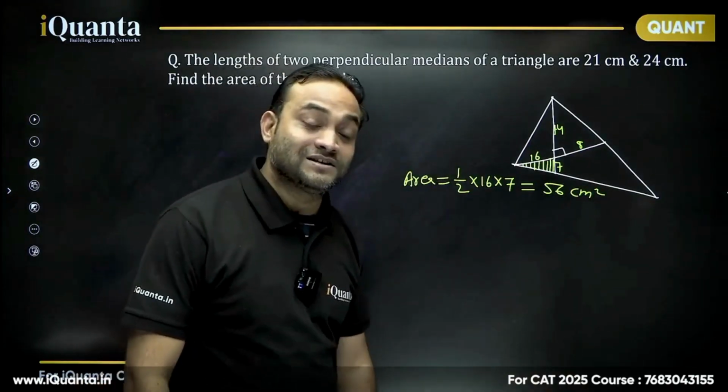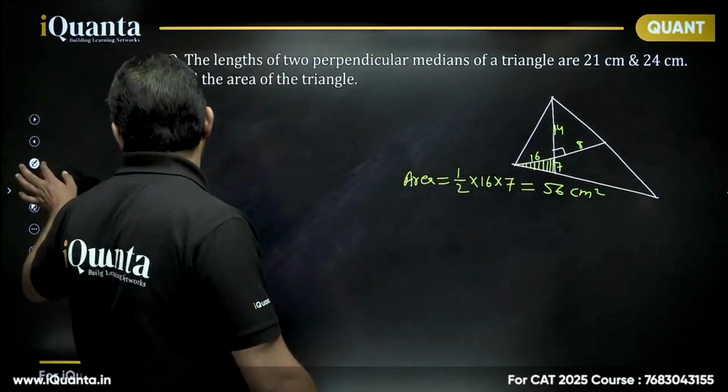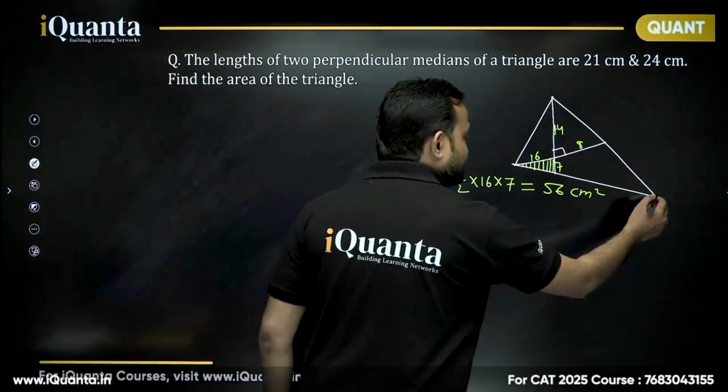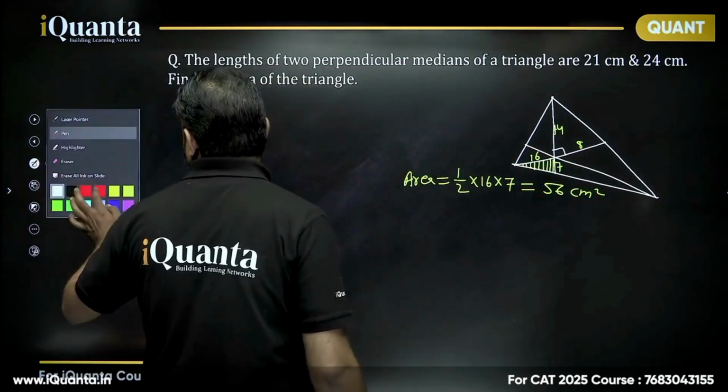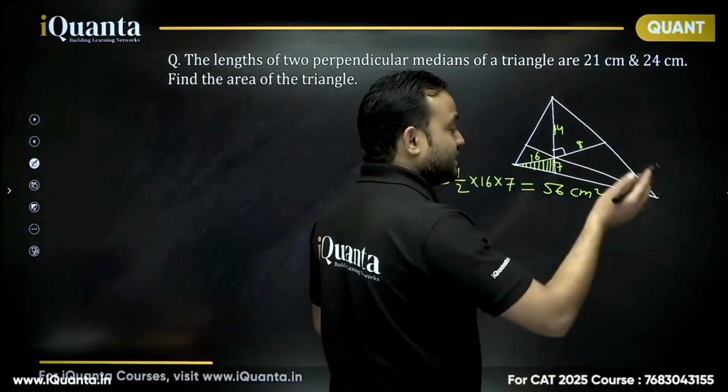और हमने क्या सीखा था median से related कि if we draw all the 6 medians, then the centroid and the medians divide this triangle into 6 equal areas.